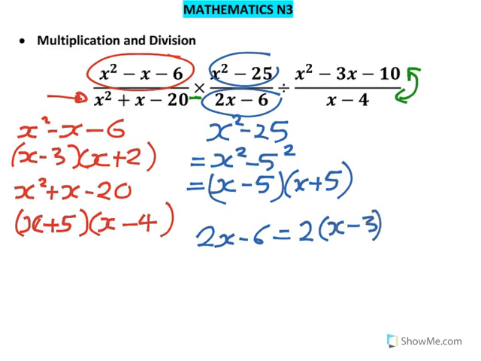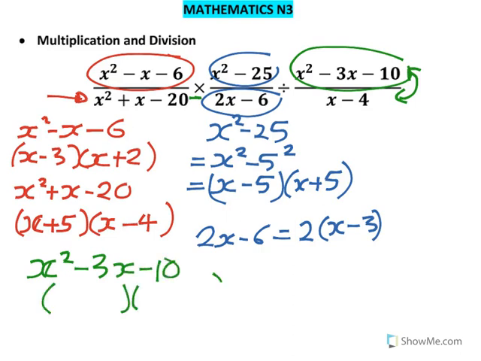I'll use a green pen on this one, x squared minus 3x minus 10. If you use the product and sum method, you are going to have x minus 5 and x plus 2. So if we now collect everything, you'll see what we're going to end up with.